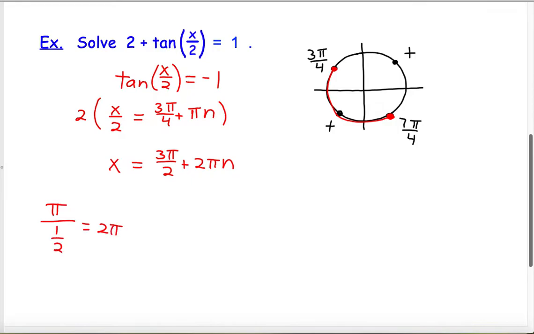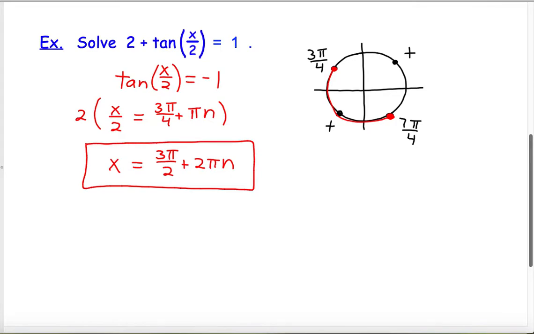So the new period is 2 pi instead of pi. So here's my solution. And if you want, you can go ahead and graph this function, tangent of x over 2, and look to see when it equals negative 1. It's going to be at 3 pi over 2, and then every 2 pi after that, or before that if n is negative. All right, let's take a look at a different type of problem.